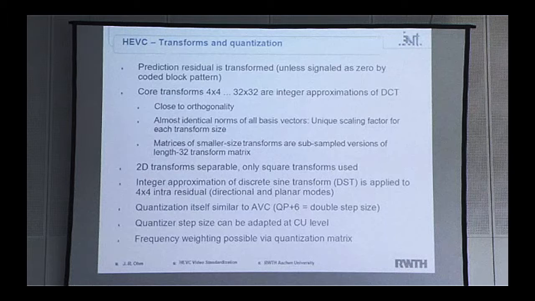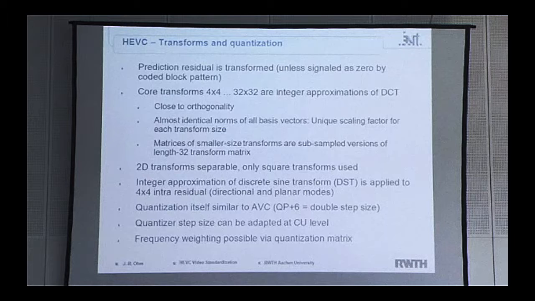Starting from HEVC, we had well-defined integer basis transforms. That is also done here, but we have different transform sizes. The smallest one is 4x4, and the largest one is 32x32. And of course, we only have the dyadic series 4, 8, 16, 32.